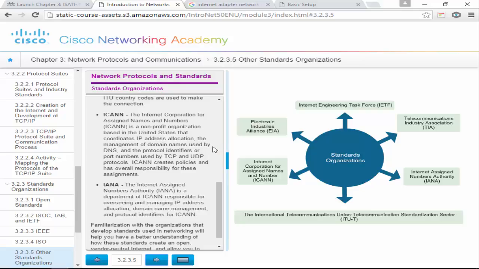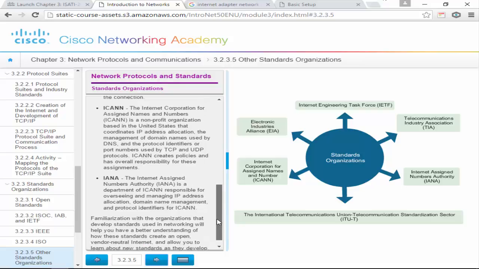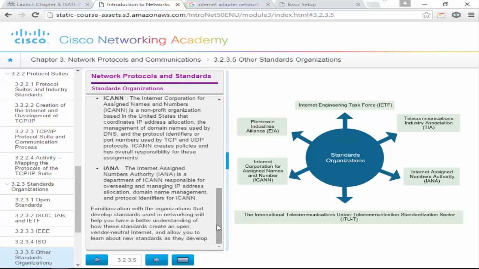ICANN creates policies and has overall responsibility for these assignments. So basically they make the Internet work. Without these huge DNS registries and registered public IP addresses, there would be no public Internet.